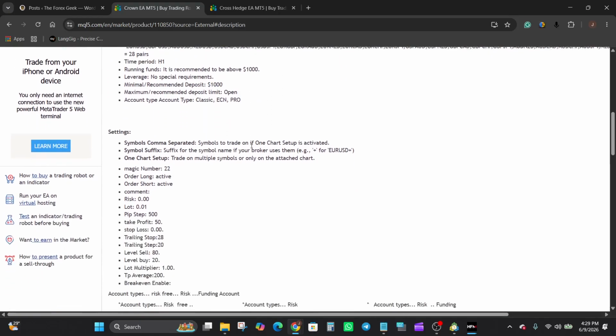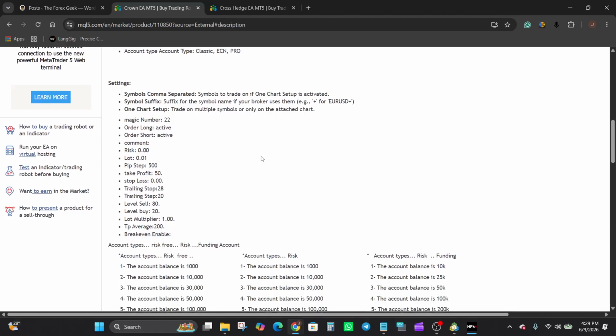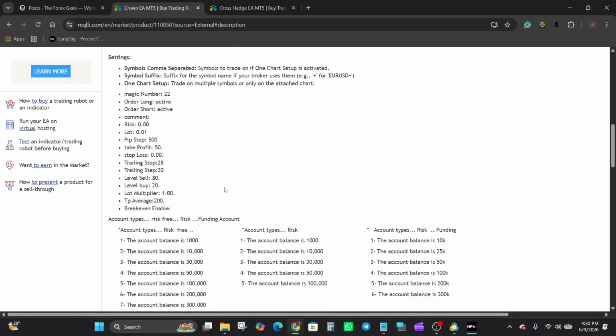Moving into the settings section, there are quite a few configurable inputs available. Traders can specify which symbols to trade, whether to use a one chart setup across multiple instruments, and define symbol suffixes if required by their broker. There are controls for long and short trading permissions, risk settings, fixed lot sizing, pip step values, take profit levels, trailing stop parameters, trailing step values, lot multipliers, average take profit settings, and break even functionality.